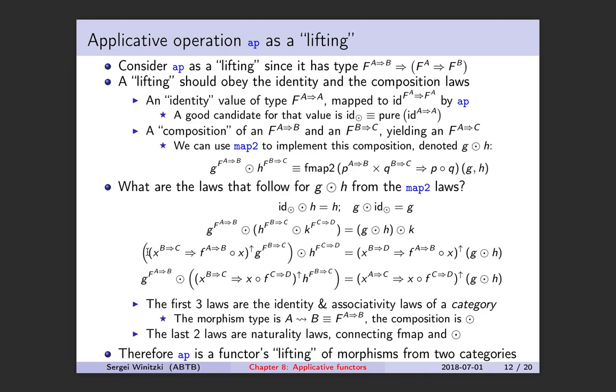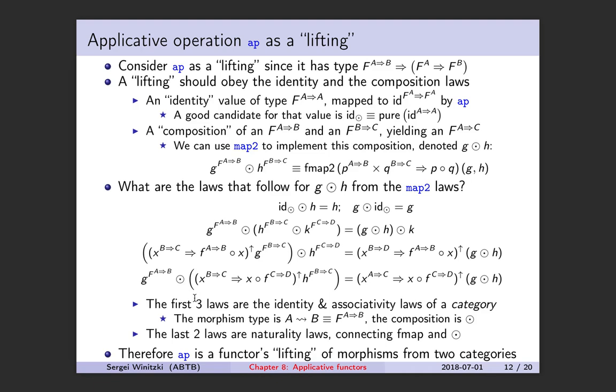Also, there are two naturality laws, which basically say that Fmap, or lifting, plays well with this composition. If you lift first and then you compose, or you can first compose and then lift this and act on the result, and so on. So you can check that these types make sense.